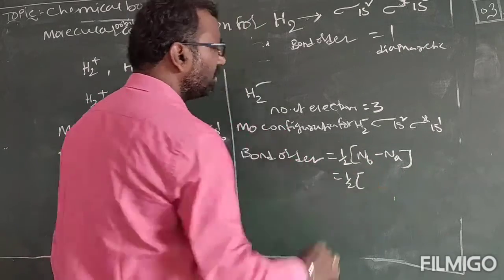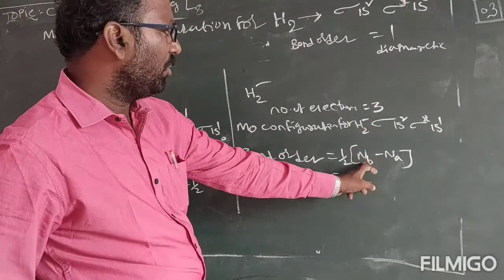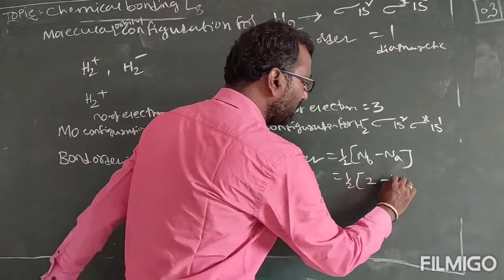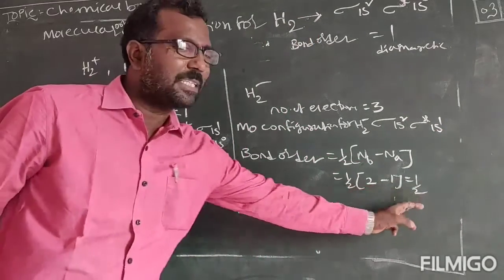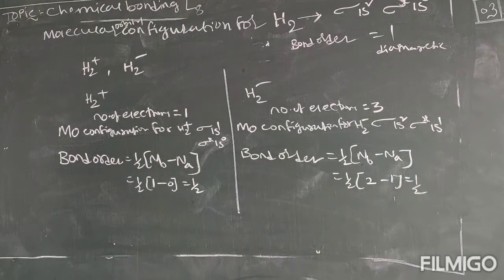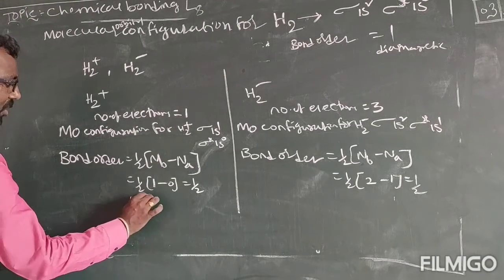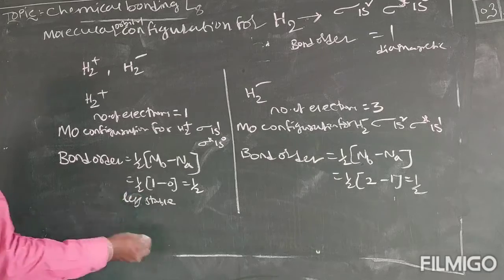So half into Nb, what is the bonding? 2. Anti-bonding 1. So it is half again here also. In both the cases the bond order is half only. Bond order is half means what? Whether they are stable or unstable? Unstable. Is it or not? Both are less stable. You can write less stable.